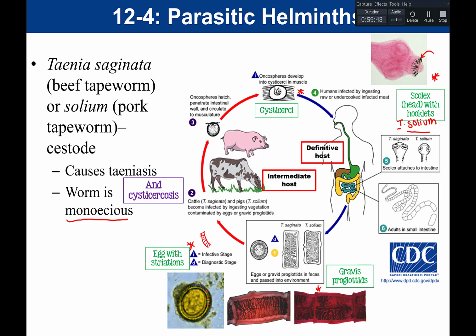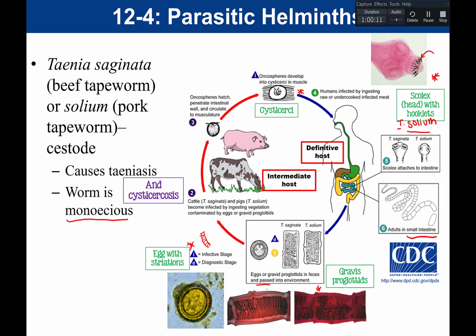Humans, right? Humans are going to be the definitive host. That's where the sexual part of the life cycle occurs. The adults are going to be found in the intestine. And so what's going to happen is that in feces, we're going to get eggs or gravid proglottids being released.